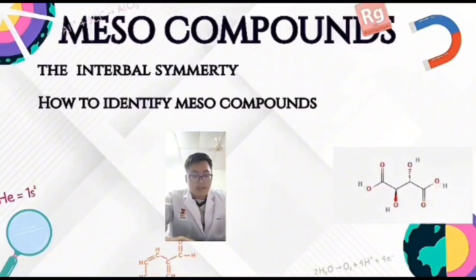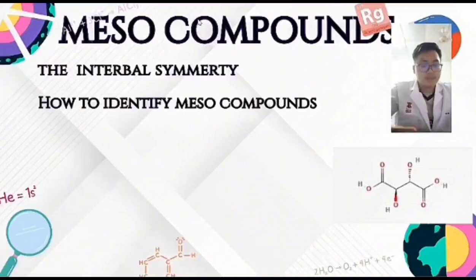Most compounds have an internal mirror plane, which makes a meso compound. That internal symmetry makes the molecule superimposable on its mirror image, which cancels the chirality. How to identify a meso compound? The first step is to identify the stereocenters. The second step is to look for symmetry, and the last step is to verify the mirror relationship.